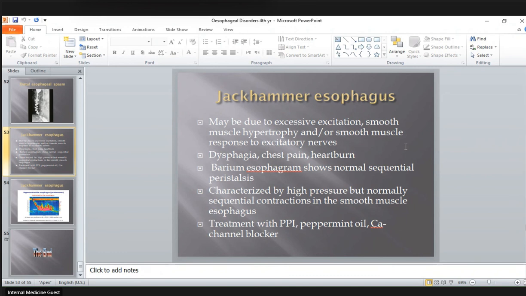The barium shows normal sequential peristalsis, but the pressure is usually very high. These are very high pressure waves, but sequential contractions. They're treated by, again, the same regimen: calcium channel blocker, PPI, and peppermint oil.